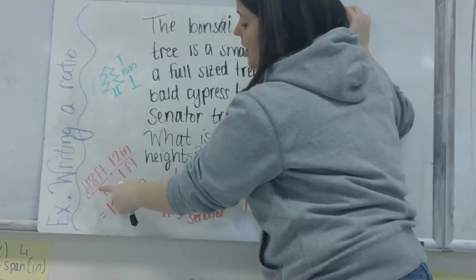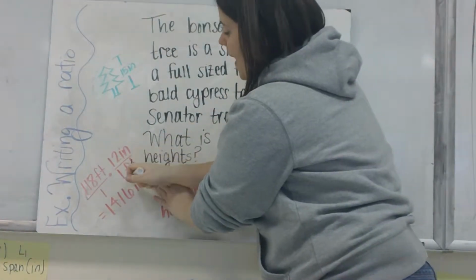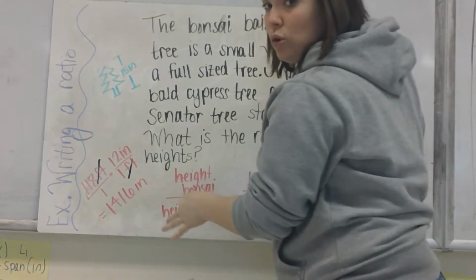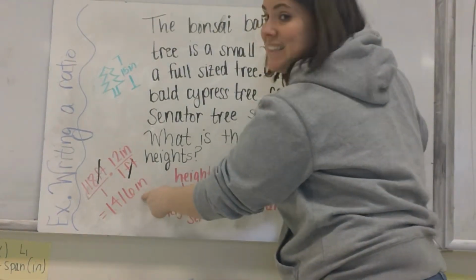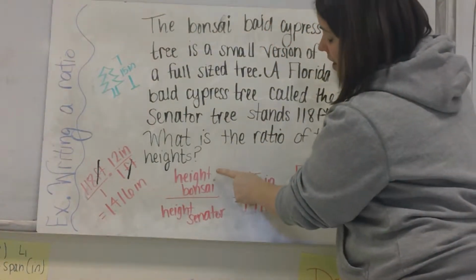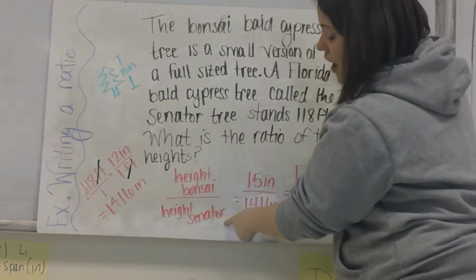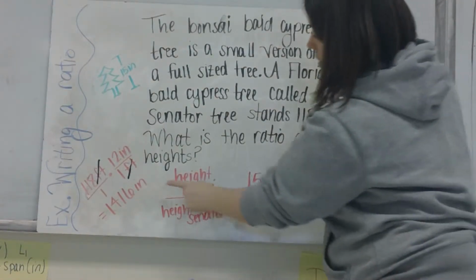So I take 118 feet, and I know that there's 12 inches in 1 foot. What happens is my units cancel, therefore giving me 1,416 inches. So now what I want to do is write the height of my bonsai over the height of the signature. So the height of the bonsai is 15 inches.